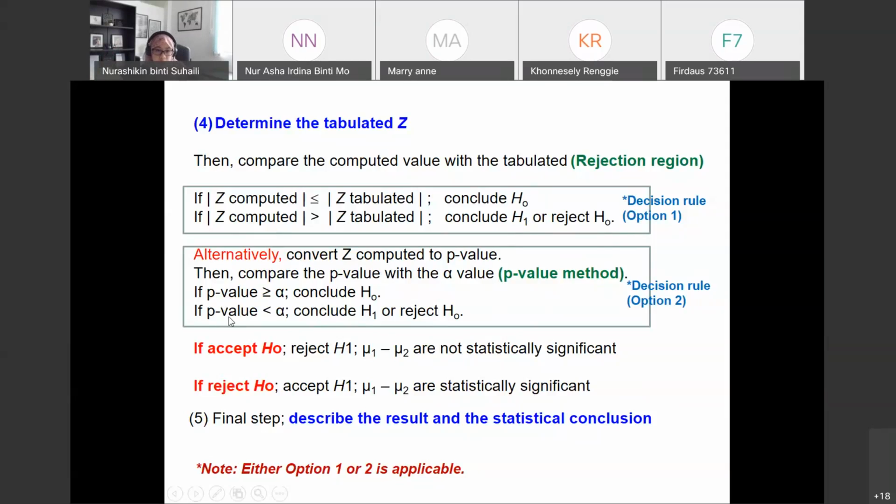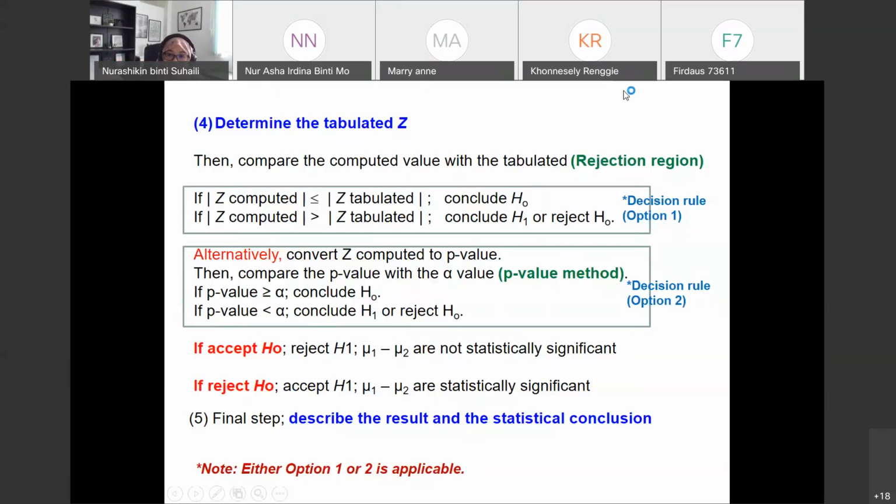So what does the p-value mean here? Let's say you have computed the Z in the previous step, in the third step. Let's say the value of Z is 2.3. I just explained to you what the p-value is, but you can decide later whether you want to choose option 1 or option 2.